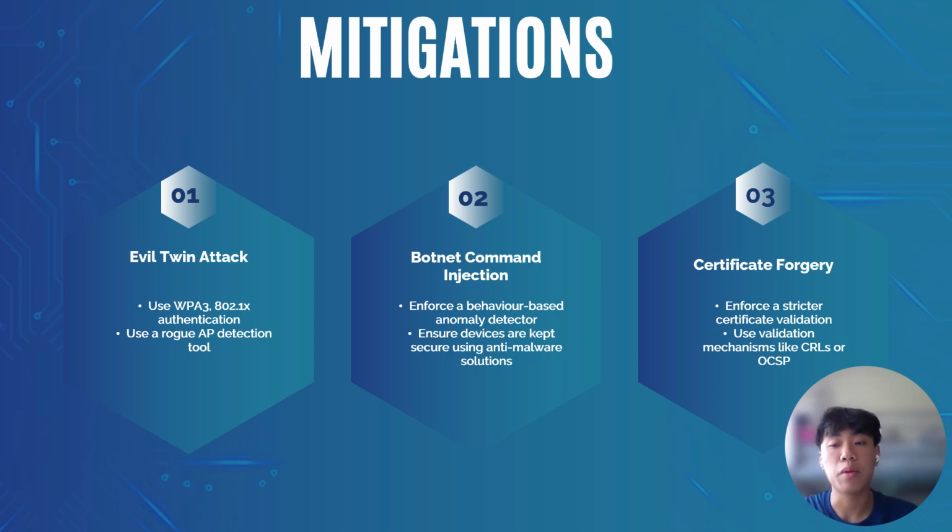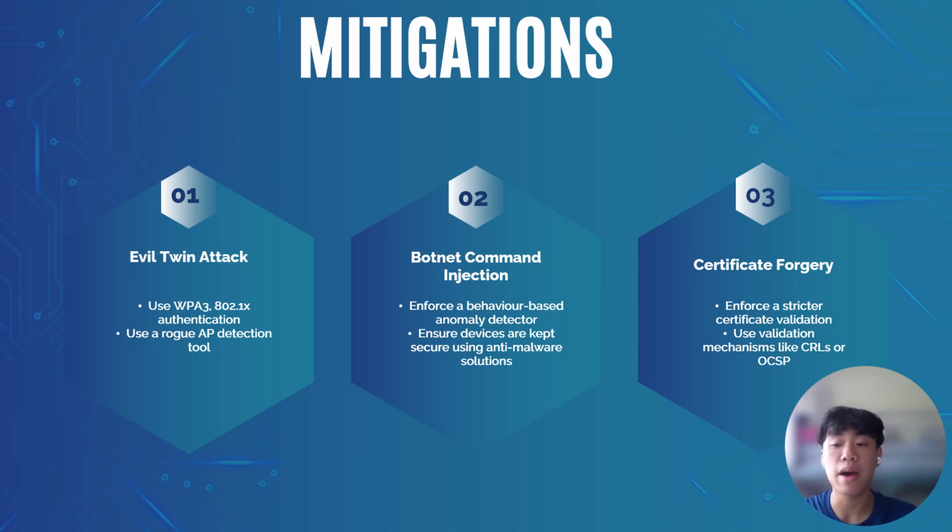So now I'll be talking about the mitigations for the three scenarios that I have mentioned. For evil twin attack, use WPA3 encryption for stronger security. Not only that, devices should also deploy rogue access point detection tools to identify and block out fake networks. For botnet command injection, implement behavior-based anomaly detectors to identify unusual device activity.